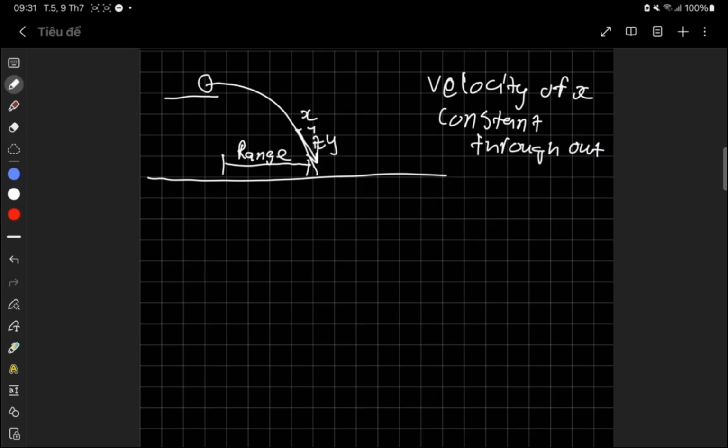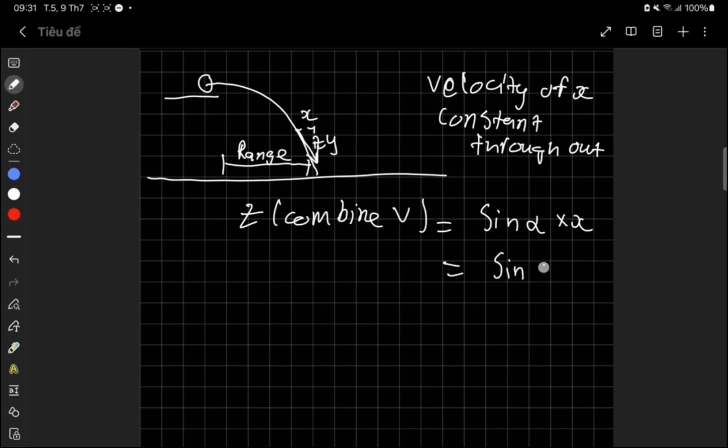And as before, we still have z as the combined velocity, which equals sine of alpha times x, and it still equals sine of alpha times v0, and v0 equals x because the velocity is constant throughout, and the starting velocity we call v0.